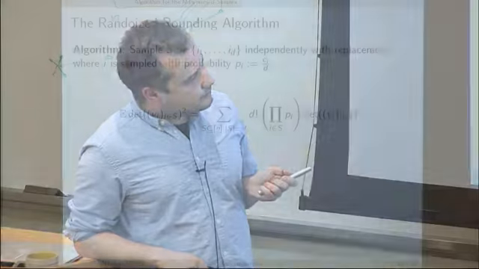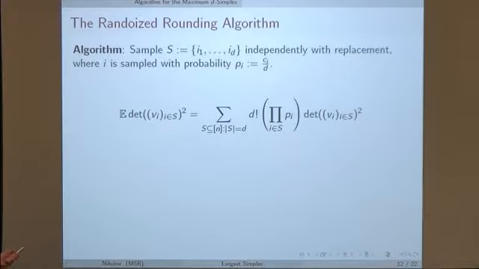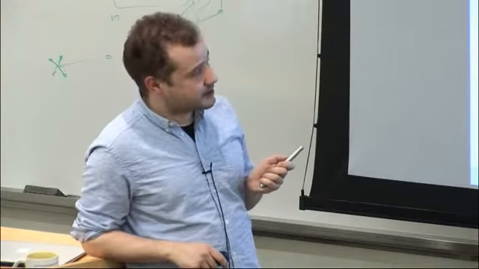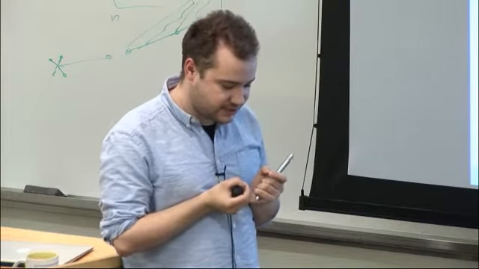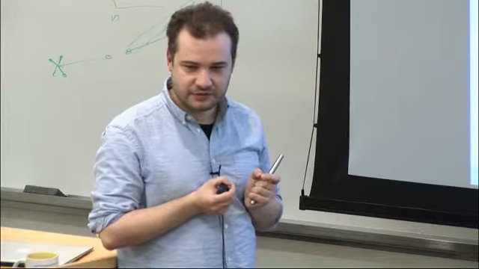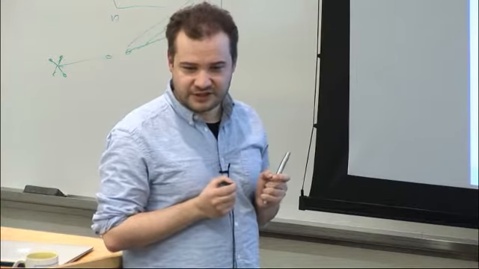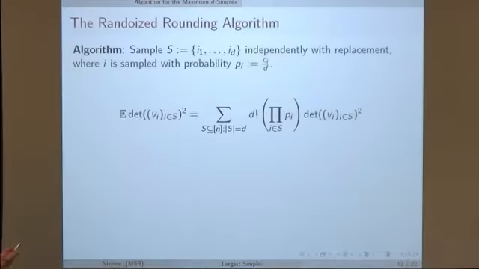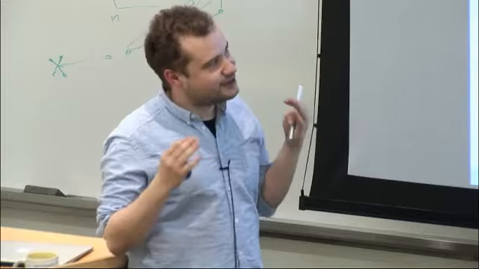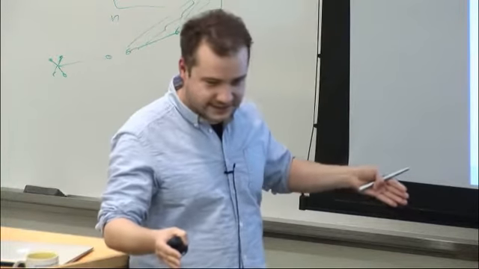I said I sample with replacement, so if I sample the same column twice, I obviously get determinant 0. Those don't contribute. So in my expectation, I only have contribution from the cases when I sampled d distinct things.